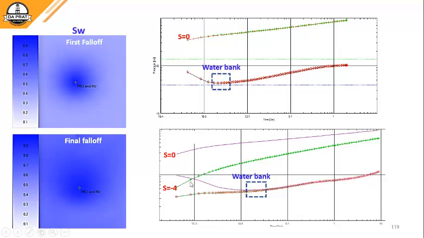In the last fall-off, the skin is negative, so the signature of the pressure is like this one here. In this case, over here is supposed to be the water bank. And because the fracture length probably was not long enough, you can still see a little bit of radial flow in the bank. And then eventually you have this transition here, similar to here.